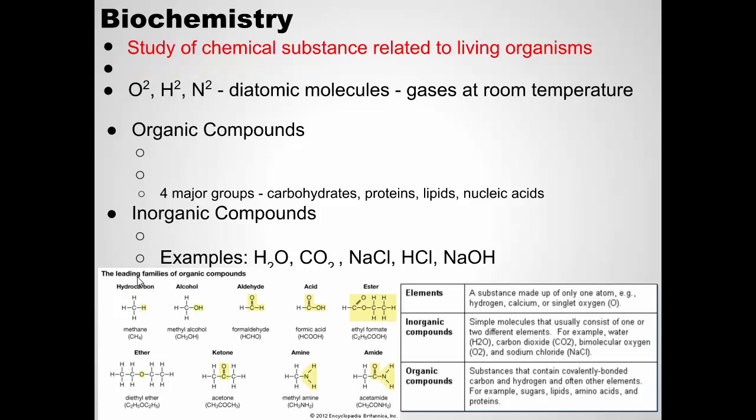And when we look at the various compounds and elements and atoms that make up living organisms on Earth, there are really 4 main elements that make up all living things: carbon, hydrogen, oxygen, and nitrogen. Those form the vast majority of the mass of all living things.